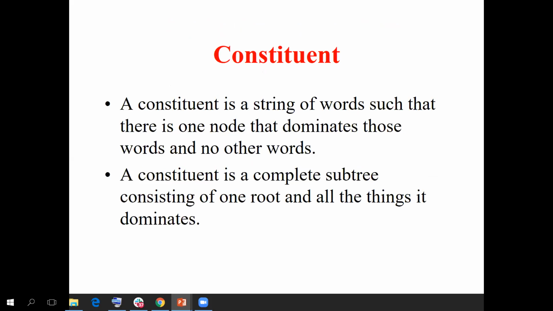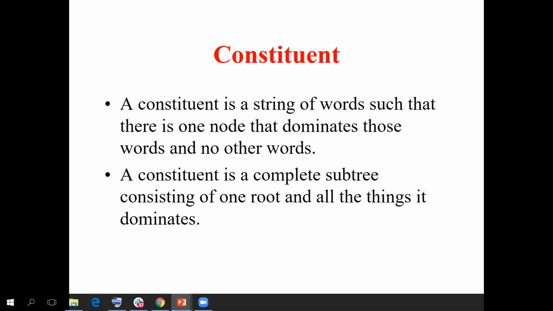So first, the definition of constituent. You can define it as a string of words, or you could define it as a subtree. If you define it as a string of words, it's a string of words such that there is one node that dominates those words and no others. If you define it as a subtree, it's a complete subtree consisting of one non-terminal symbol.